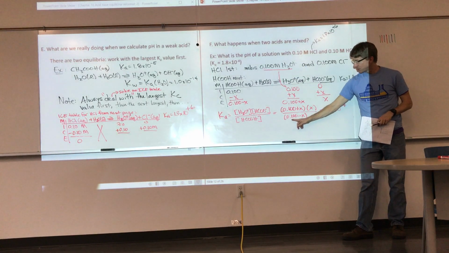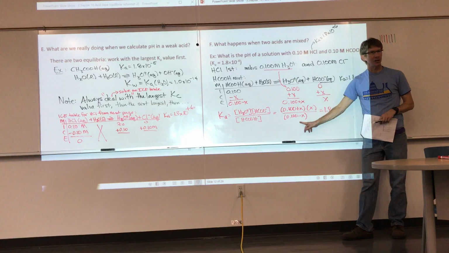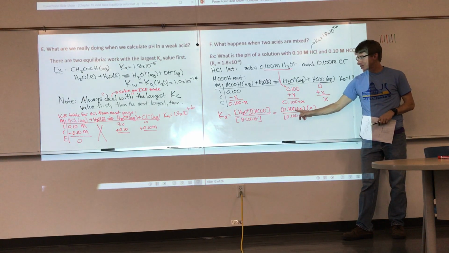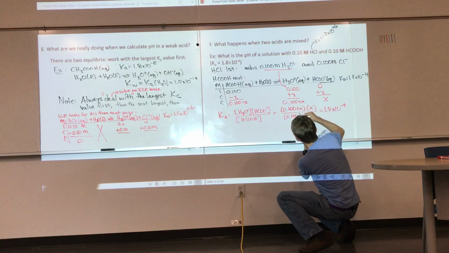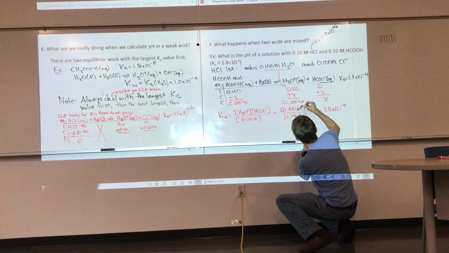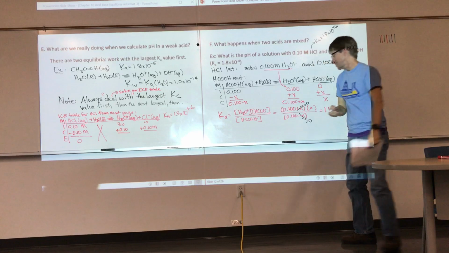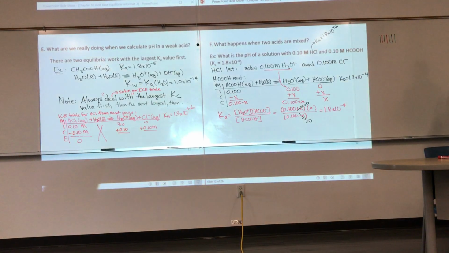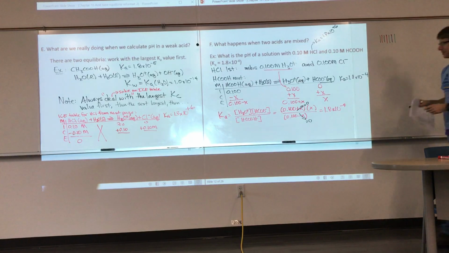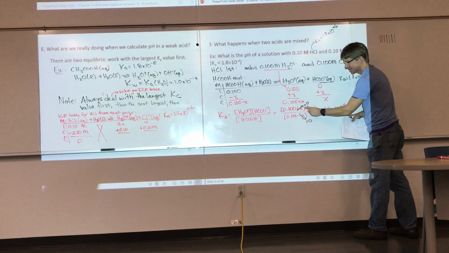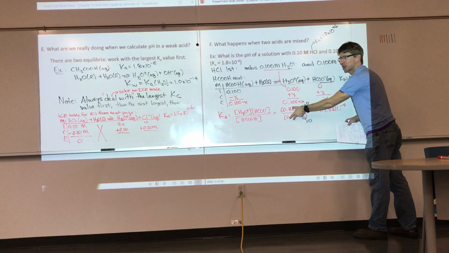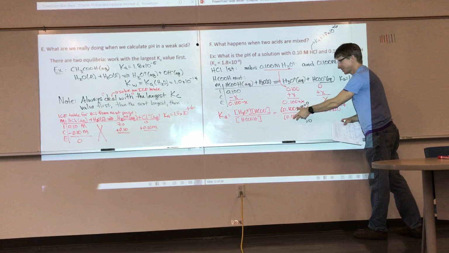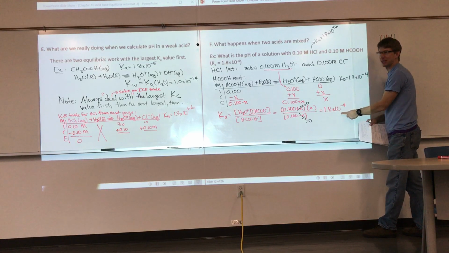That means that x is smaller than 0.1 when it's subtracted from it. That means that x is smaller than 0.100 when it is added to it. And this is my favorite kind of math. Now I have x times 0.1 over 0.1. These two terms cancel. I won't cross them out though. I will just say that x equals this number.